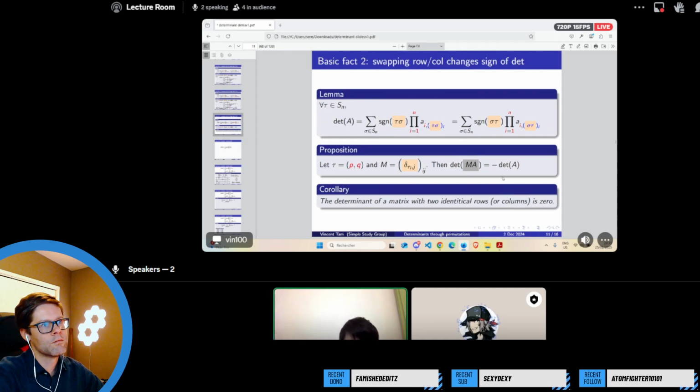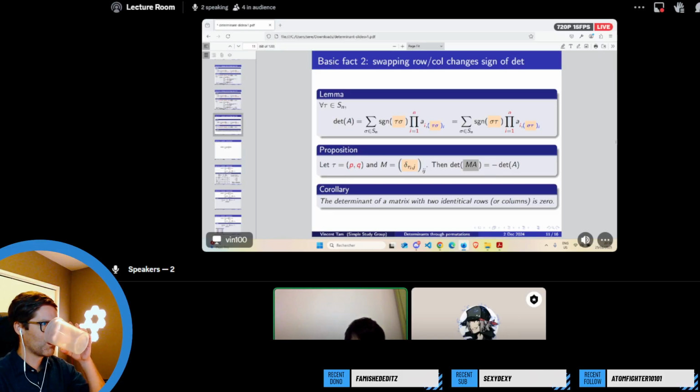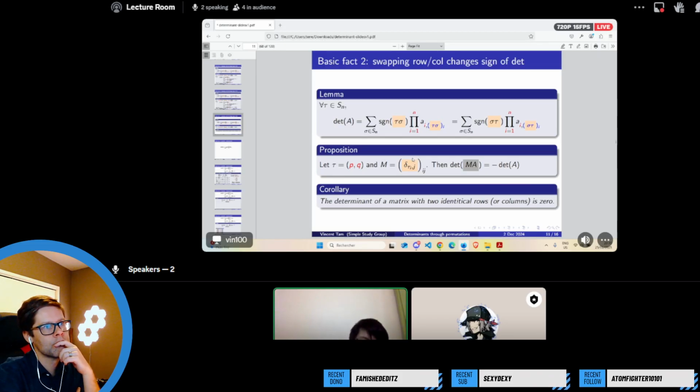And then if we apply the first fact, we will know that this is A, and we can see that this also applies to swapping columns.